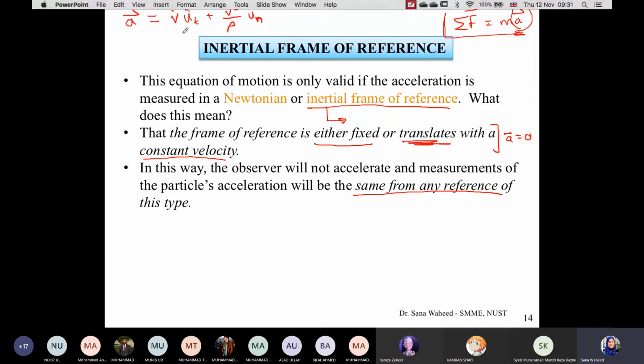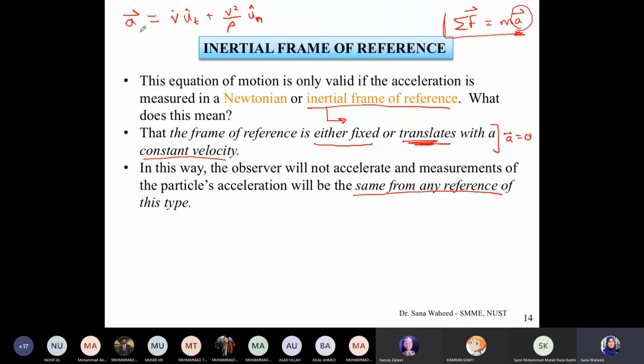So my point is, for the rotational or curvilinear case, even if the speed is constant, that is, this is 0, there will still be a change in direction which will be causing an acceleration. That is, a rotating body is always going to be undergoing acceleration, no matter whether its speed is constant or not.